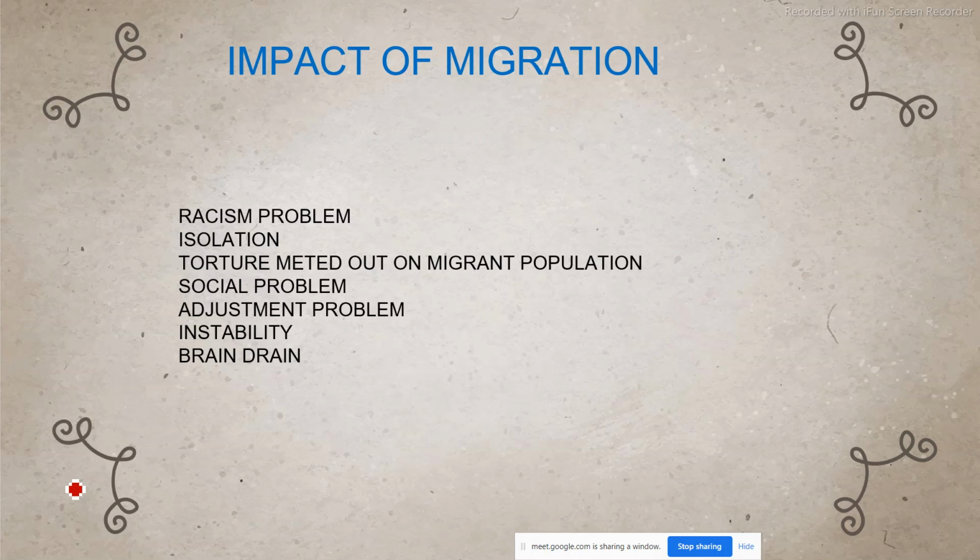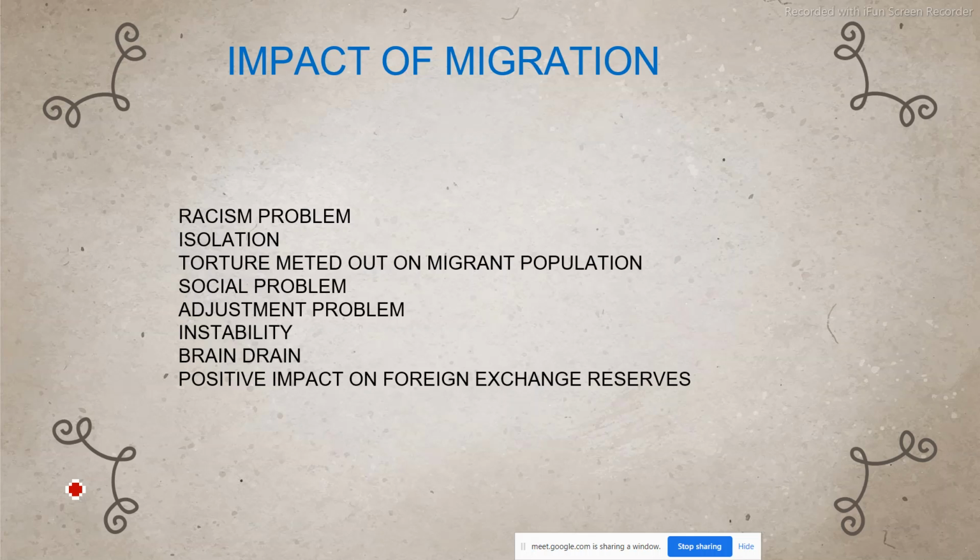Okay, now the next point is the positive impact on foreign exchange reserves. What happens basically is that when the migrant population sends money to their families living in their home countries, there is an improvement in the foreign exchange of that country.